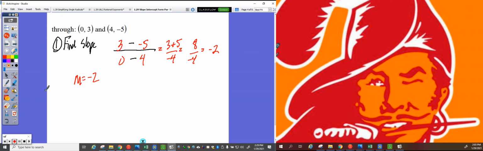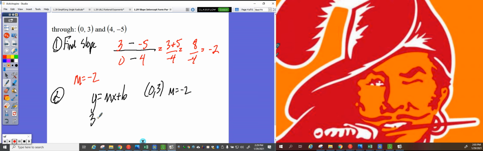All right, so number 2, you pick point slope or slope intercept. Again, I'm going to do slope intercept because I'm trying to teach you a new way that you are going to have to know how to do. And I'm going to pick the point 0, 3 with my slope of -2.